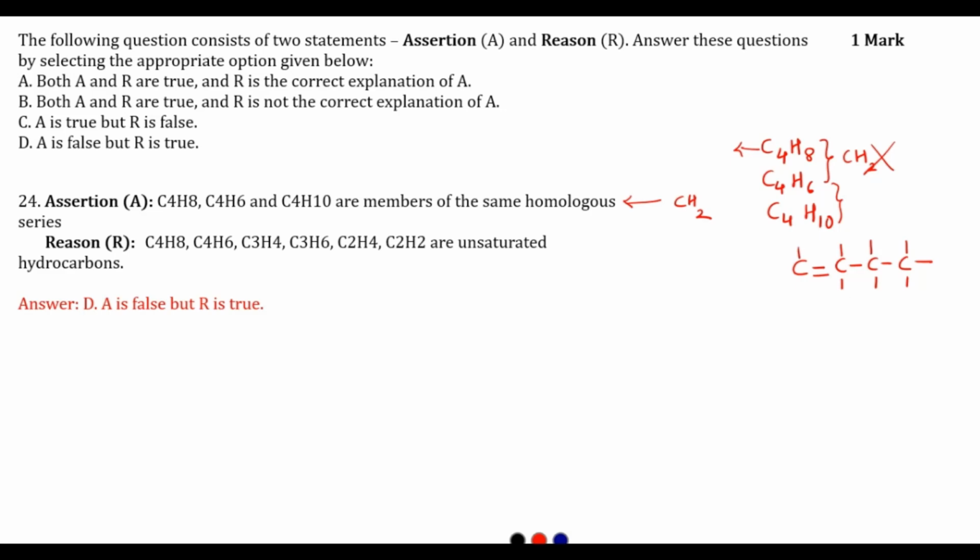So all 8 hydrogens are finished. Then the carbon will have a lack of hydrogen, therefore I will put a double bond here. I cannot take the bond here because it already has a bond, so I'll remove this bond, put a double bond and then a single bond here. So now it is correct.